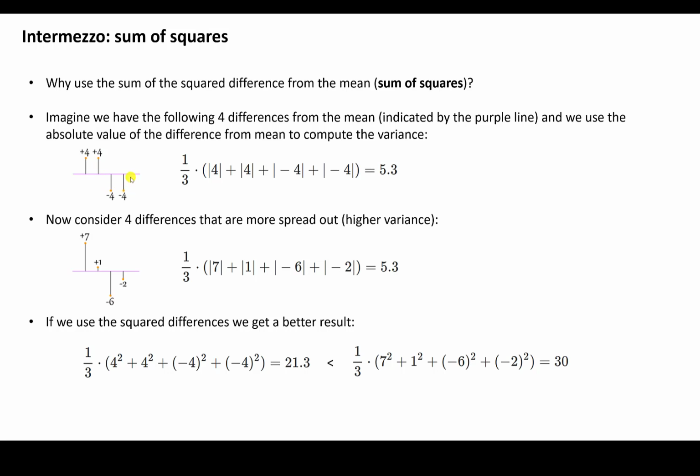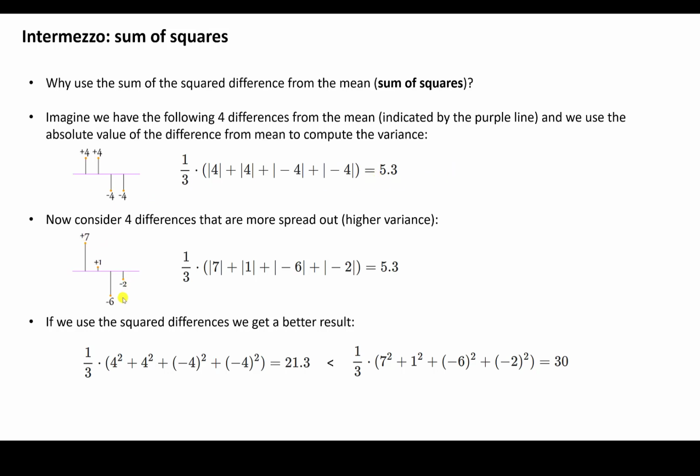But let's say we compute it without squaring, using the absolute value of the difference instead. The difference here is 4, here also 4 because it's the absolute value of minus 4, and then 4 here, and then we divide by 3, so n minus 1, since we're computing a statistic. That would give us a value of 5.3.